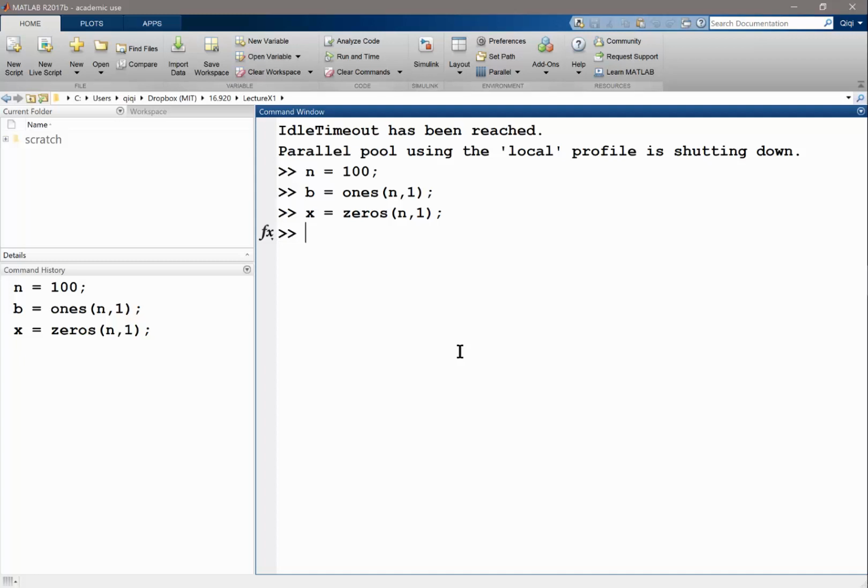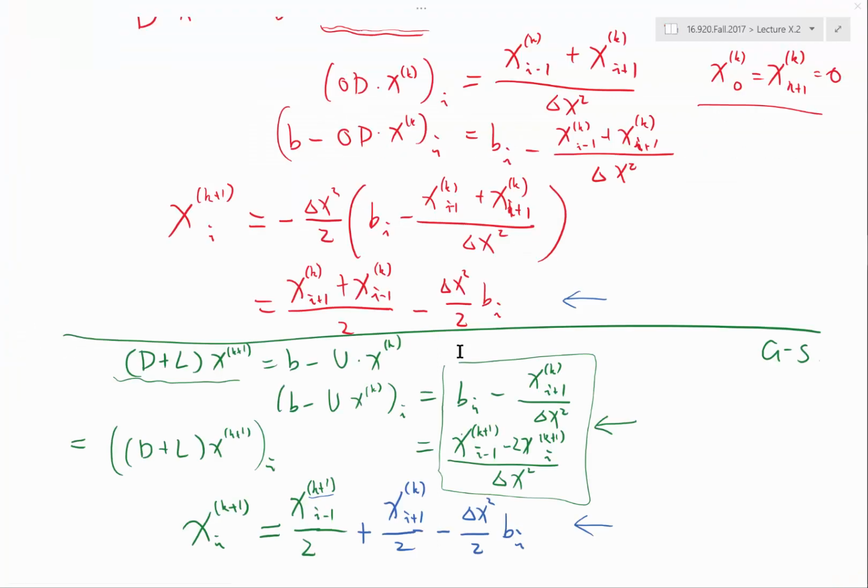Here we have a grid consisting of 101 intervals with 100 interior grid points. So my dx is going to be 1 divided by n plus 1. That gives me everything I need to evaluate both of these formulas.